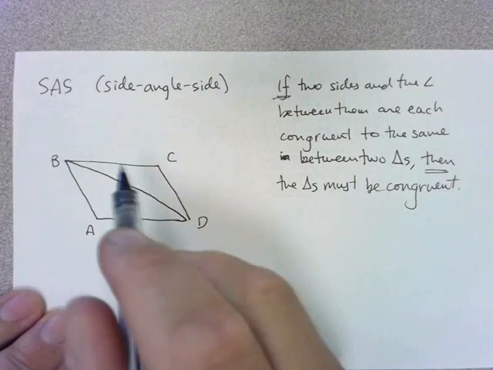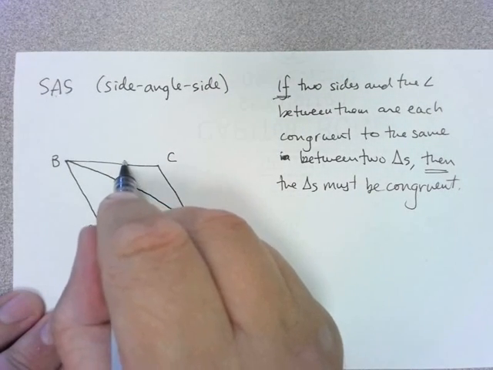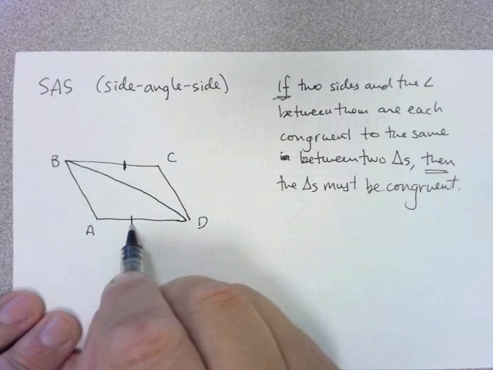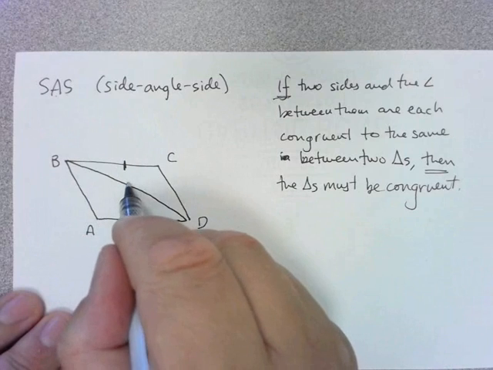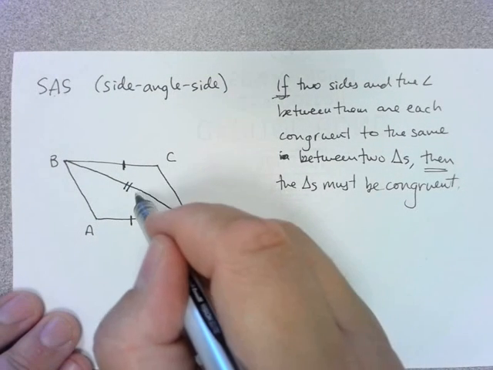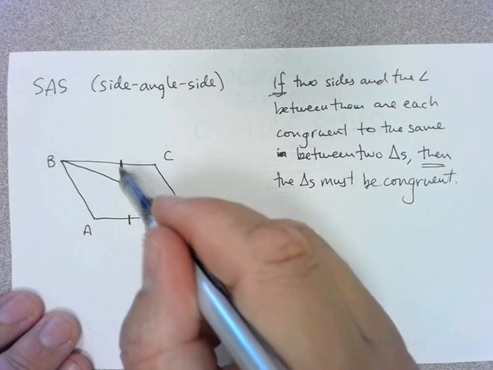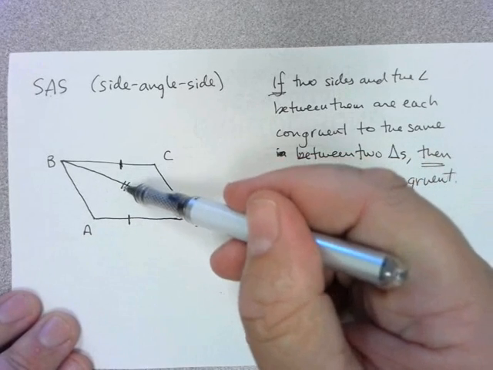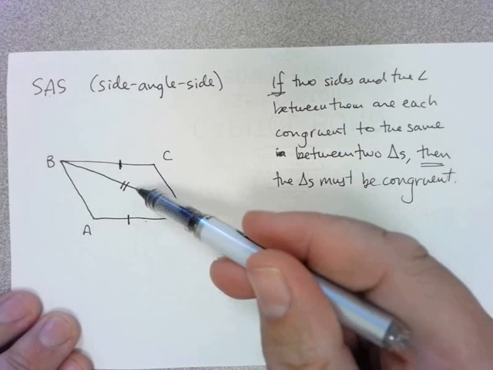What this means is if I have two sides, let's say I have BC and AD known as congruent. And then of course here I have BD, which is congruent to itself. BD matches itself. So if I look here, I have a pair of sides in the top triangle marked, and I have a pair of sides in the bottom triangle marked.